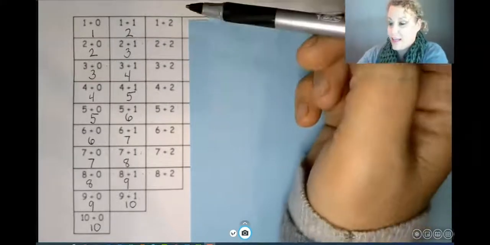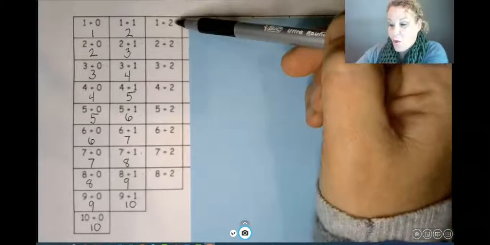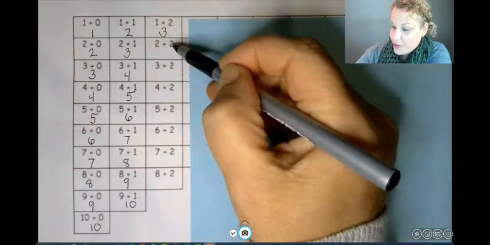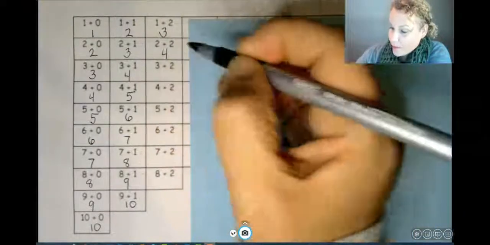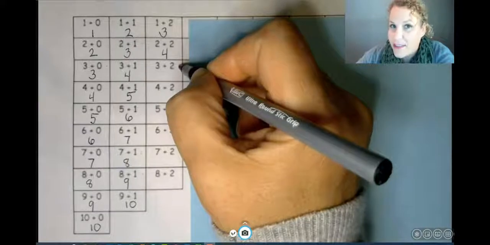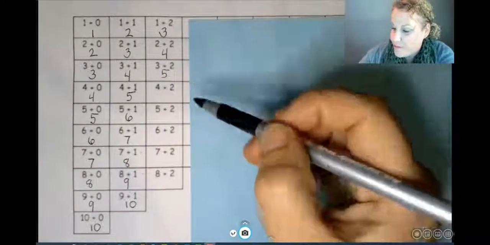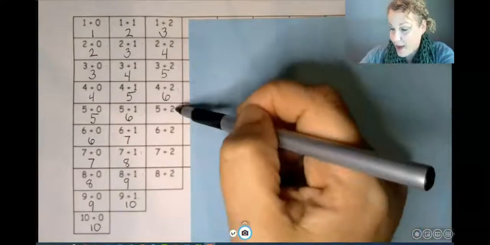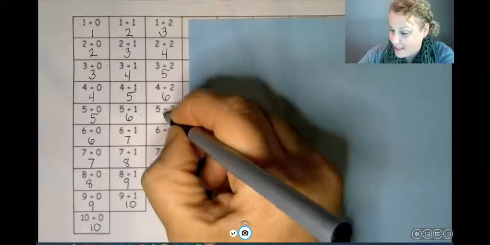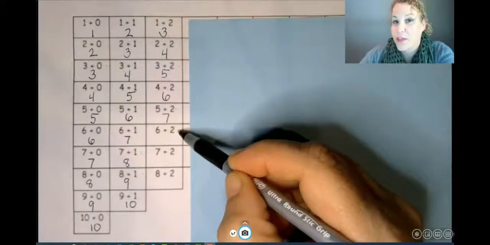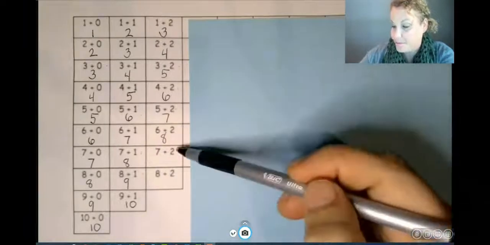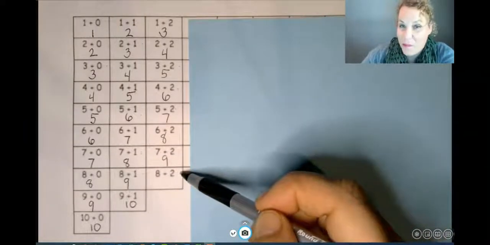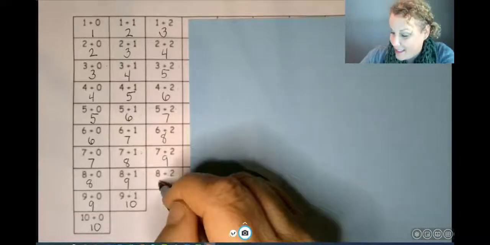I'll read the expression and you say the solution or the answer out loud. 1 plus 2 equals 3. 2 plus 2 equals 4. 3 plus 2 equals 5. 4 plus 2 equals 6. 5 plus 2 equals 7. 6 plus 2 equals 8. 7 plus 2 equals 9. 8 plus 2 equals 10.